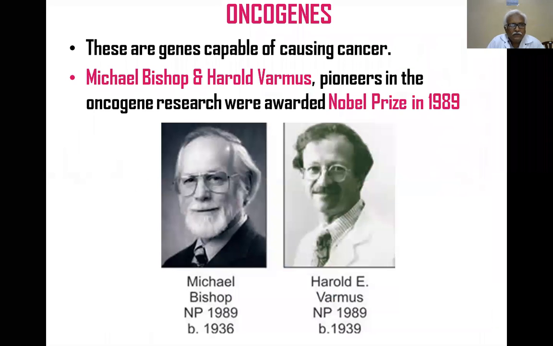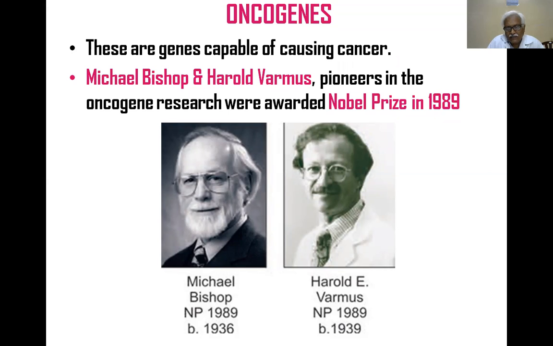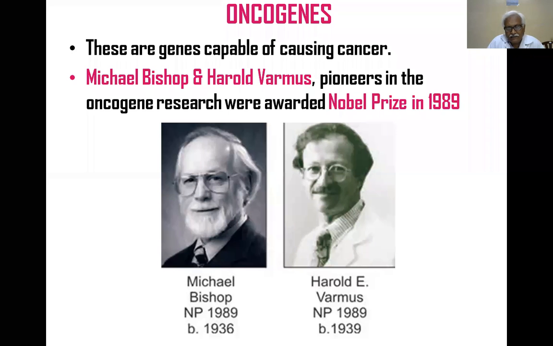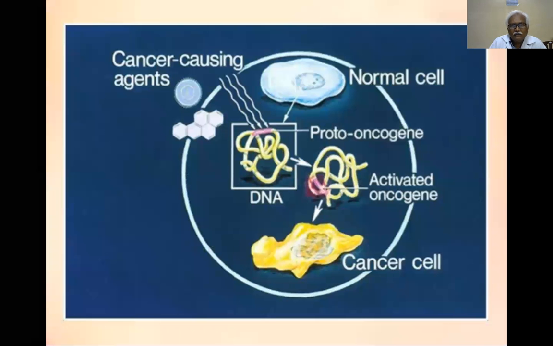So, oncogenes are the genes capable of causing cancer. Michael Bishop and Harold Varmus are pioneers in oncogenic research, and they were awarded the Nobel Prize in 1989. Michael Bishop was born in 36, and Harold Varmus was born in 39, just three years apart.